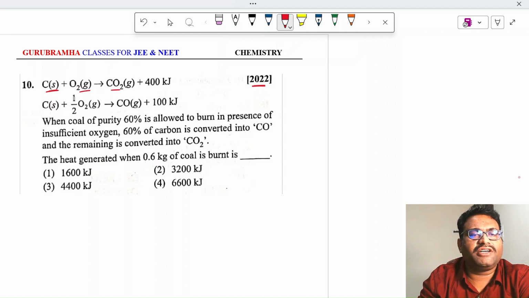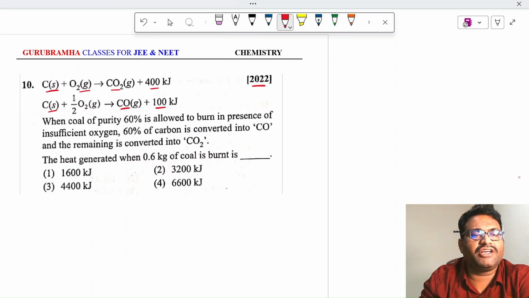When carbon dioxide is formed, 400 kilojoule of heat energy is released. The same solid carbon, when combusted, produces carbon monoxide, releasing 100 kilojoules. When carbon monoxide is formed, 100 kilojoules of energy is released.